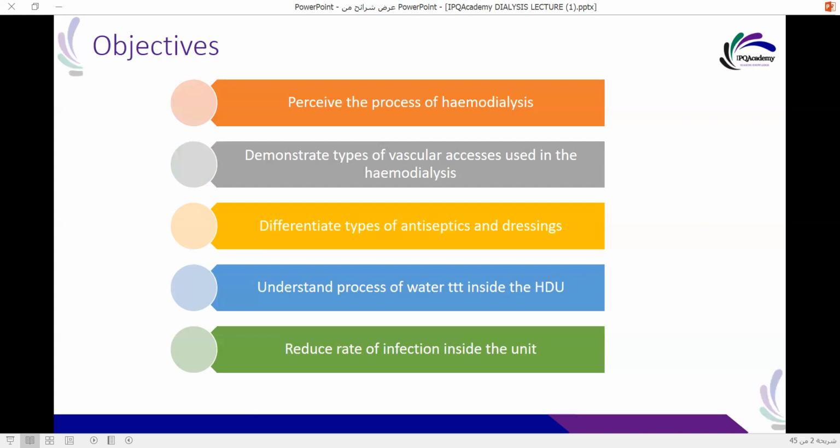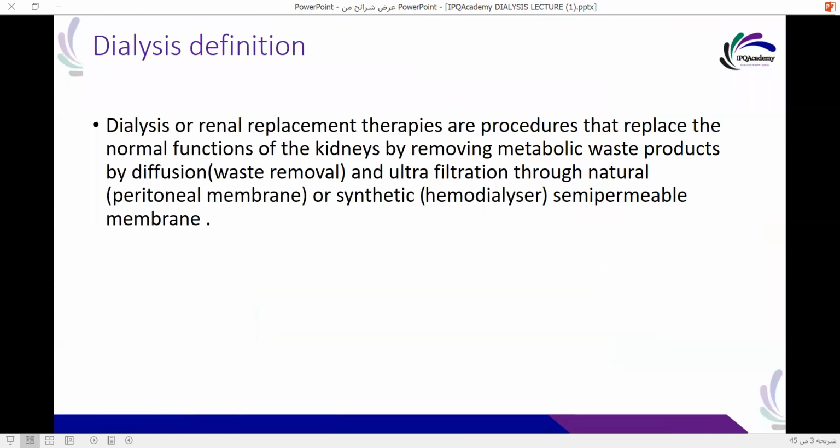So let's go to the definition of dialysis. Dialysis, or renal replacement therapies, are procedures that replace the normal functions of the kidneys by removing metabolic waste products by diffusion, which is waste removal, and ultrafiltration, which is getting rid of the excessive water from the blood, through a semi-permeable membrane.